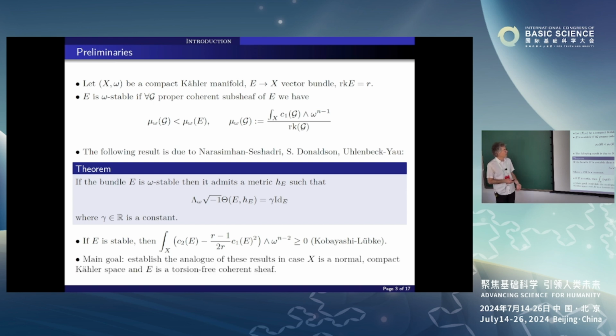What I will try to explain in what follows is how to formulate, and give you a hint about how it is proved, the analog of these results in a singular setting, when we replace our beautiful manifold X with a normal compact Kahler space and E with a torsion-free coherent sheaf. Now, this is not just a generalization per se. I will explain what was the main motivation for me to get interested in these topics.